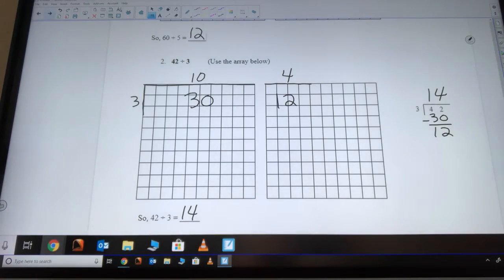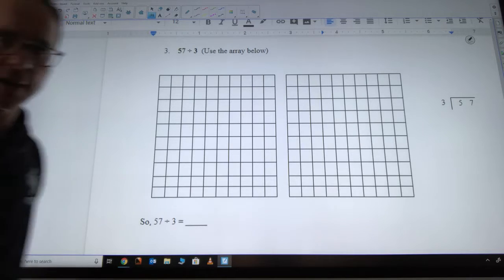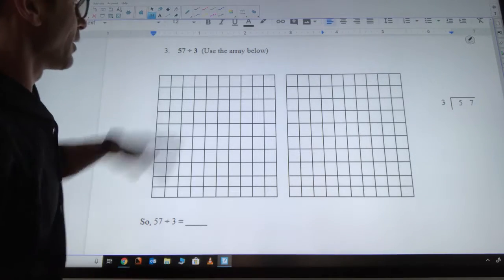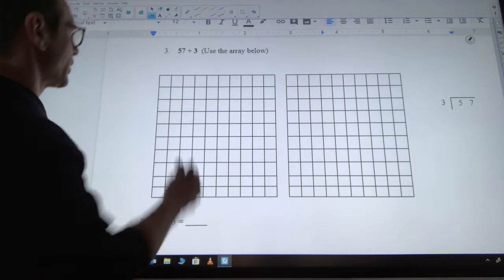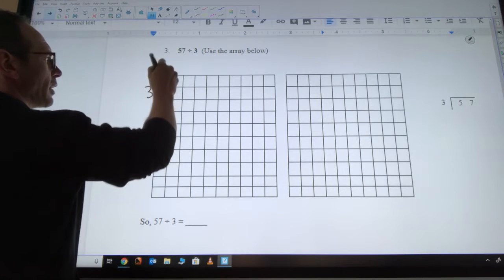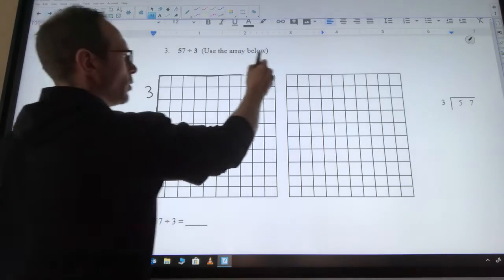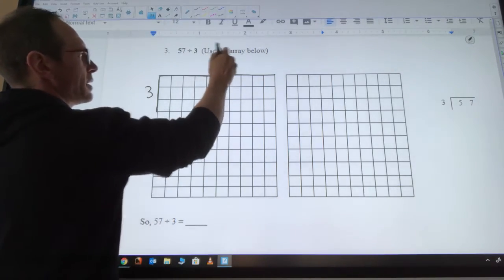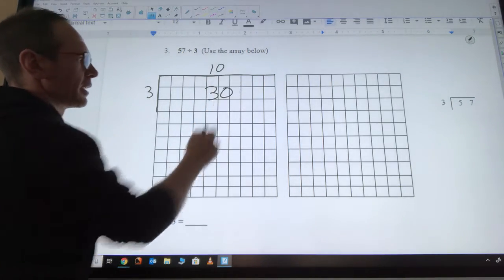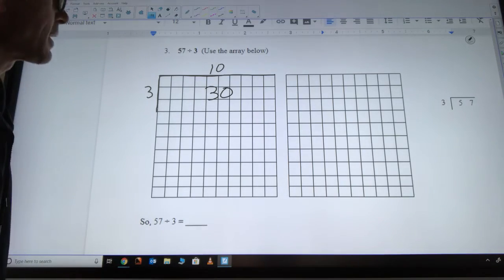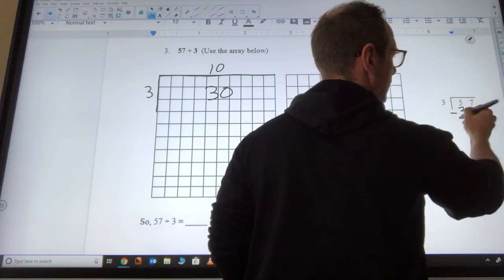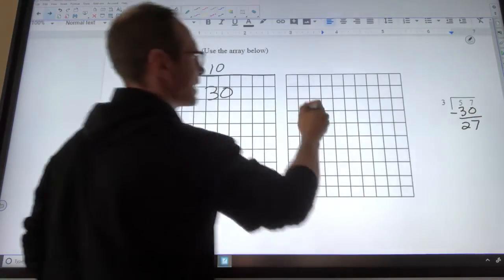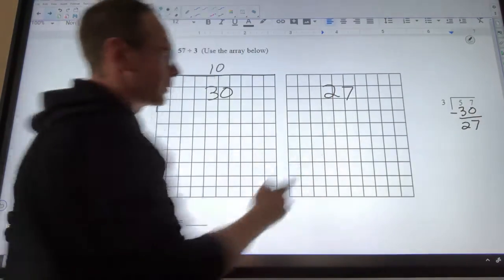Next question. Number 3 is 57 divided by 3. So it's another 3. I know it's going to be more than 10 because 10 times 3 is 30. So let's start off with that: 10 times 3 to get to 30. Now how many more is it going to take to get to 57? Well, 57 minus 30 is 27. So that means I need to get to 27. Oh, that's quite a few steps.